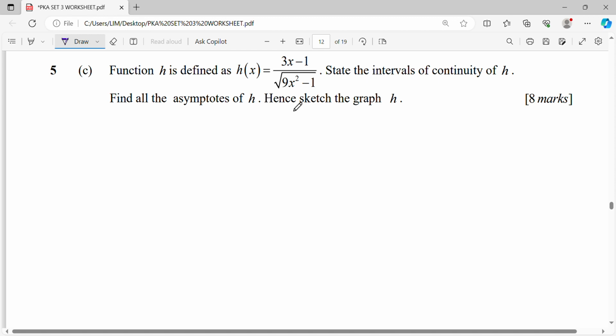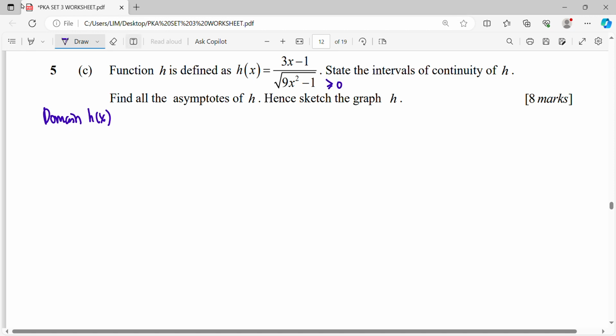So domain of the graph. For this function, it will fall on the characteristic of the surd and the characteristic at denominator, right? So under the surd for domain, it has to greater equals to 0.